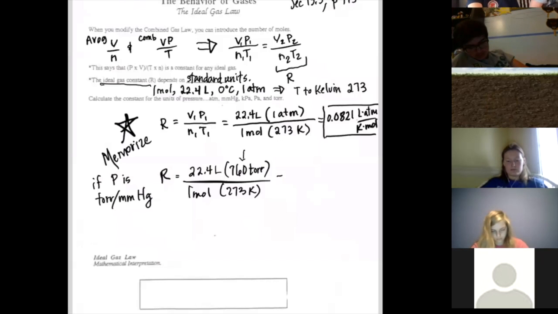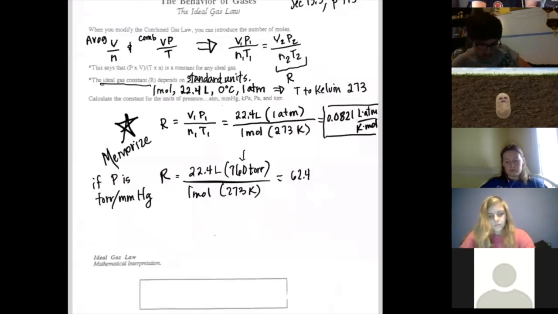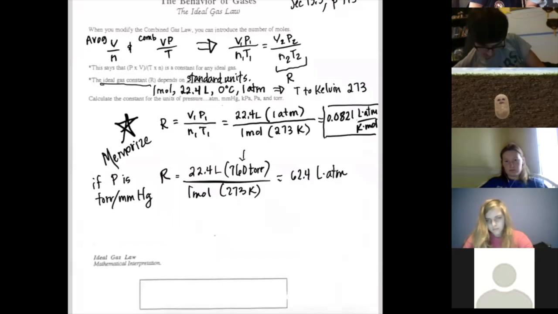So for this one, if you've had time to calculate, you would have 62.4 millimeters of mercury or torr. Oh, sorry. Let me do this in the same order. That would be helpful. So it'd be liter, atmosphere. No, liter torr. Oops, I did it again.